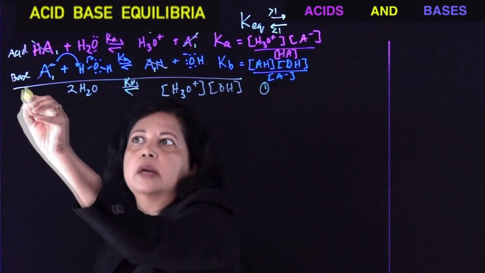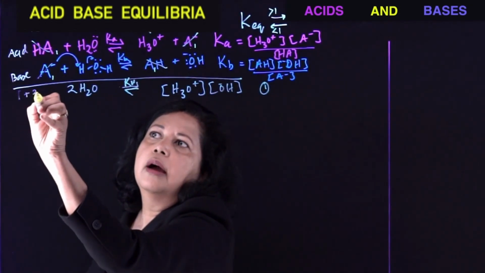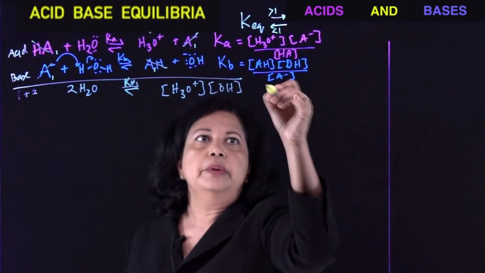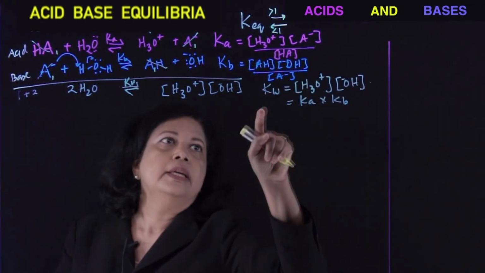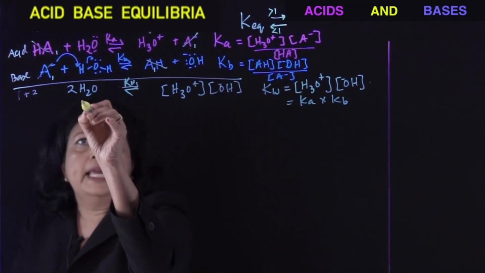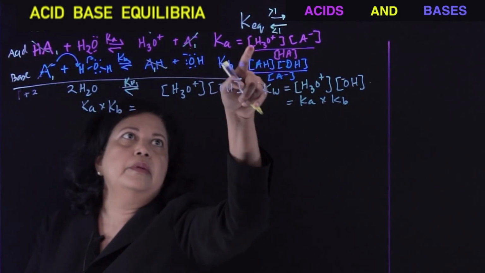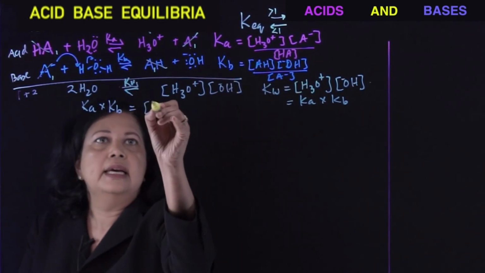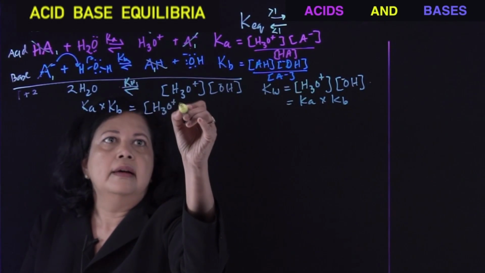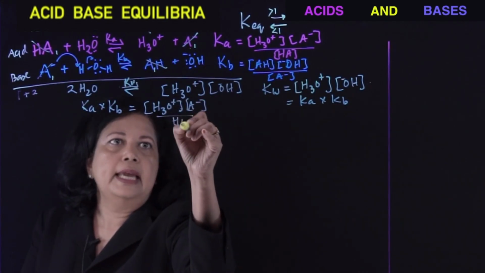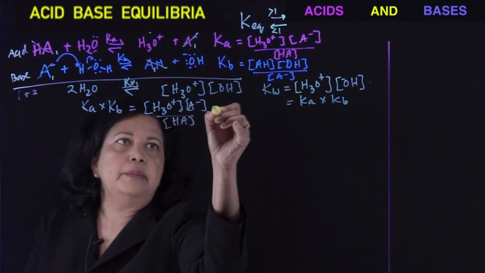So you add 1 plus 2, and over here you are going to get Kw. So you can see Ka times Kb is going to be this times this. This is Ka times Kb.